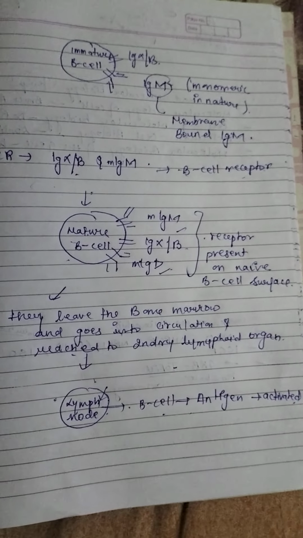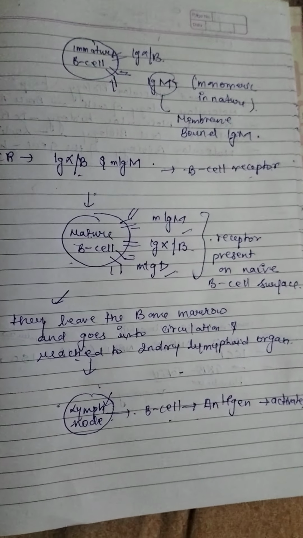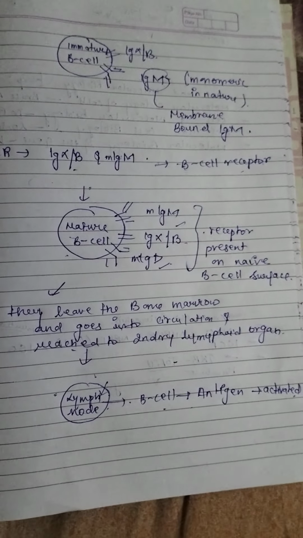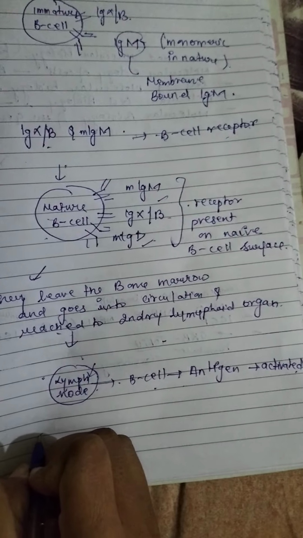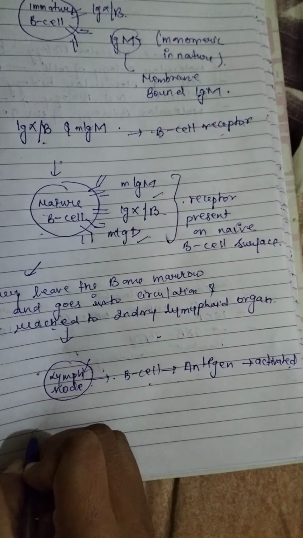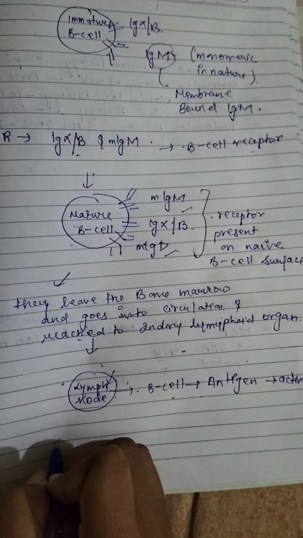For B cell activation, antigens are required. Further, depending on the nature of the antigen, it is divided into T helper cell dependent B cell activation or T helper cell independent B cell activation.